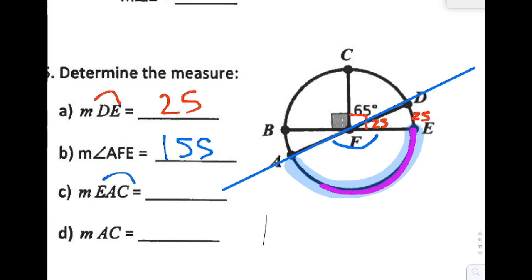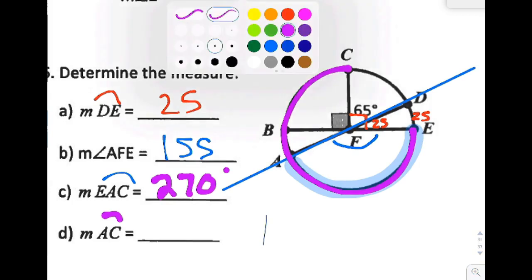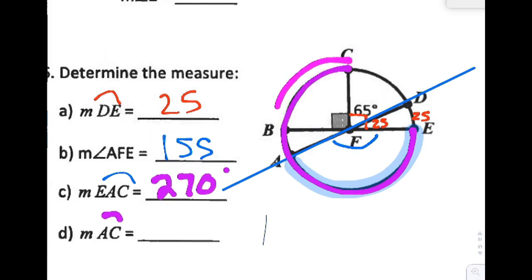Arc E to A to C is 3/4 of the circle, minus that 190-degree chunk. And arc AC is 90 degrees plus this little piece here. And that little piece would be 25 degrees more since those two are vertical, so it would be 90 and 25 more.